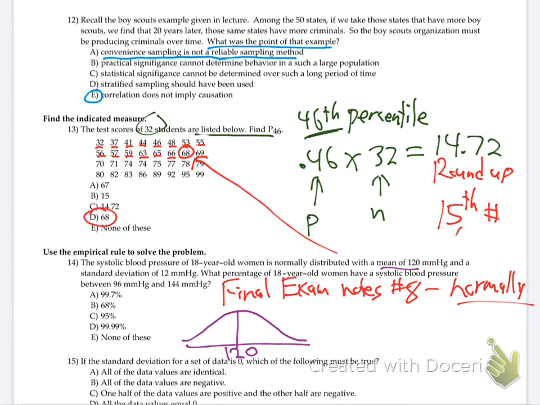So the mean's 120. And then put on there what they're asking for. What are they wanting us to figure out? Between 96 and 144. So here's 96, here's 144. They want us to find that area between 96 and 144. I knew 96 was smaller than 120, so I put it to the left.